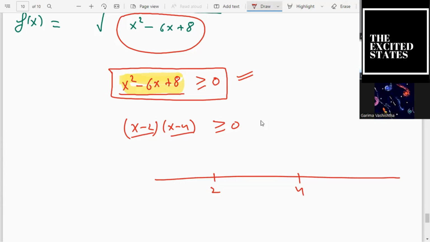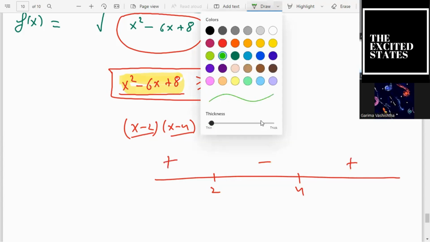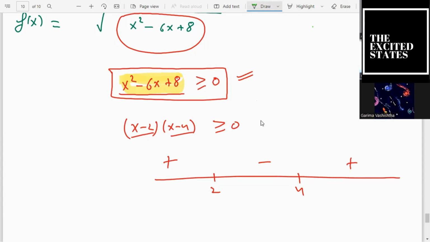Now just put alternate plus and minus signs starting from the rightmost side, that is plus, minus and plus. Now what is our requirement, greater than 0 or less than 0? Greater than or equal to 0, so we will select the plus region, from here to here and from here to here.